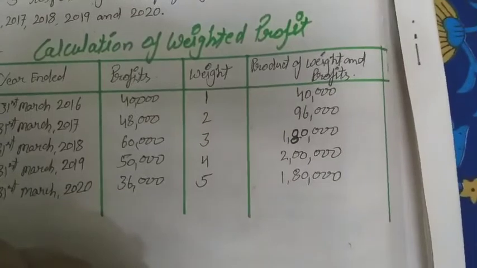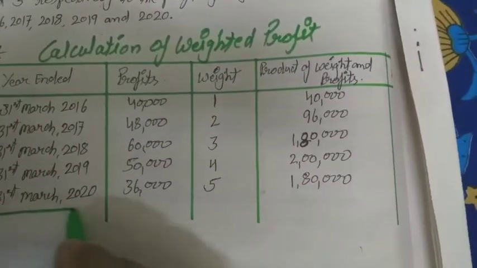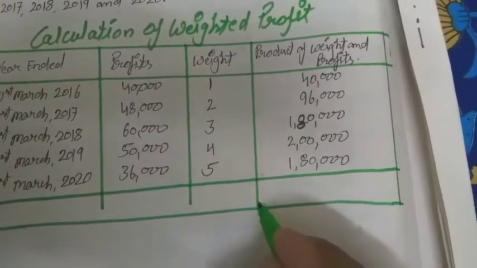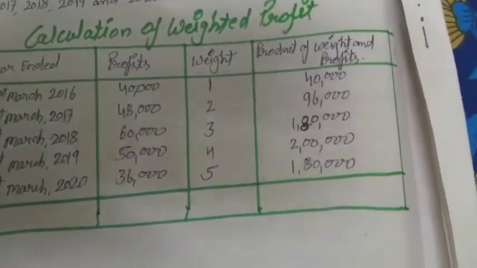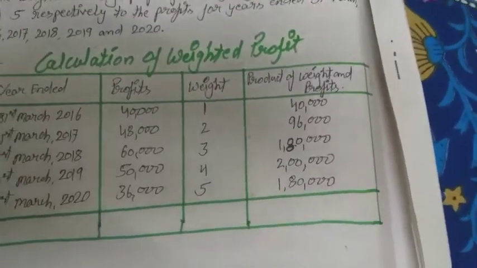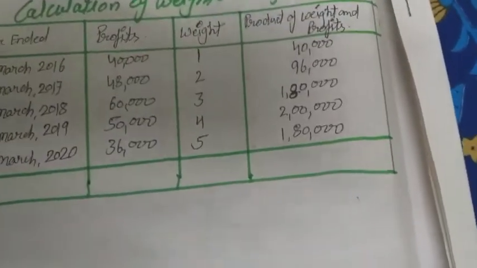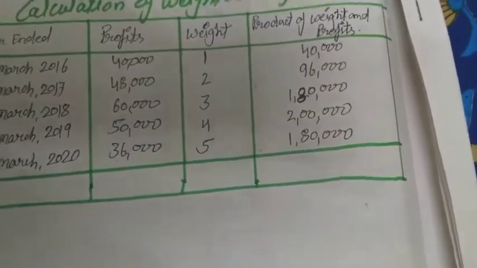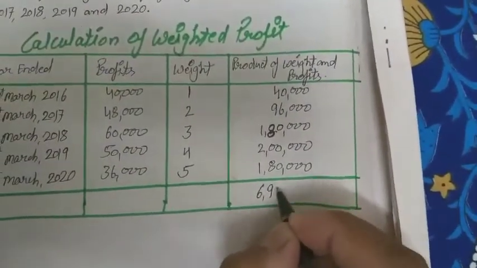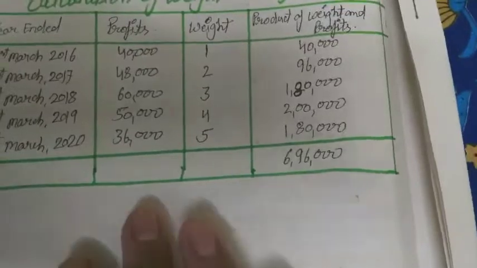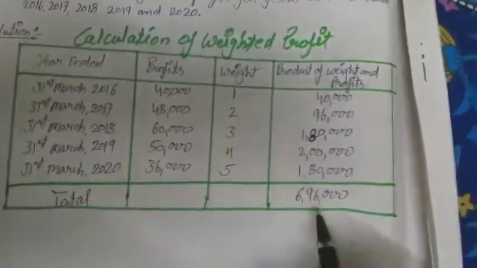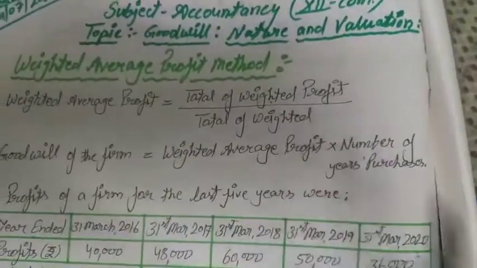Then we have to total these products, the total of weighted profit. If we total this, it will equal 6,96,000. It is the total of weighted profit.